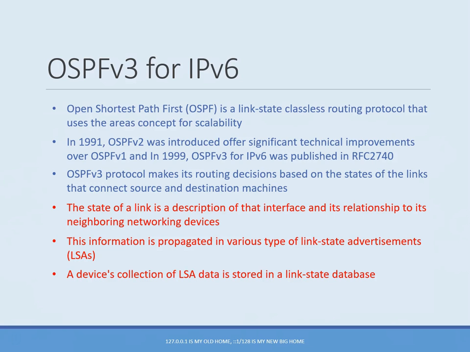The difference between the database and the routing table is that the database contains a complete collection of raw data, and the routing table contains a list of shortest paths to known destinations through a specific device interface port. So in this dynamic routing protocol, we don't have a routing table; we have something called a link state database.